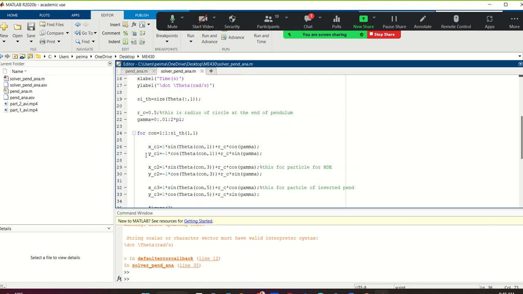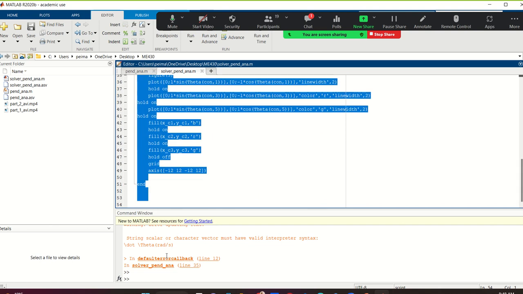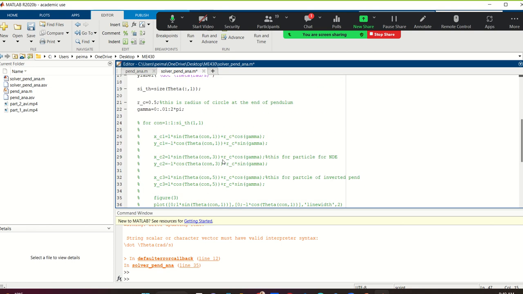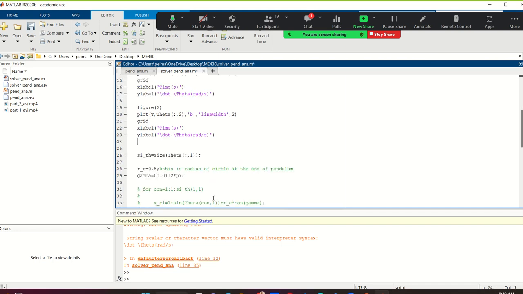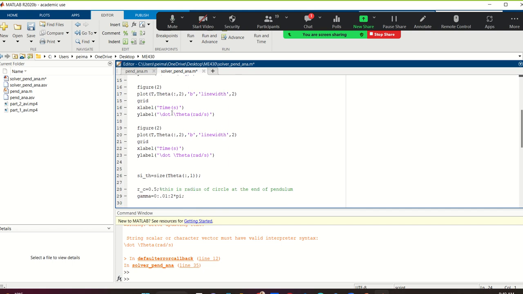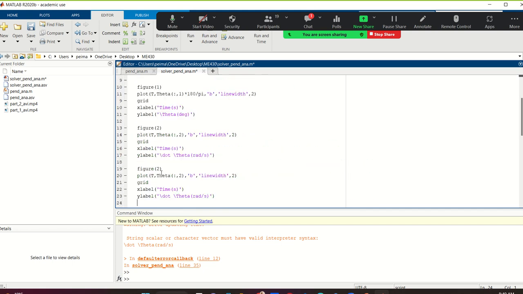Now I want to just make a comment. Oh, okay, you know how to make a comment, that's right. Pushing Control and R makes your lines comments. Okay. Now I'm going to make a simulation to 30 seconds, and I want to plot the angle of the inverted pendulum. And this is figure number 3.